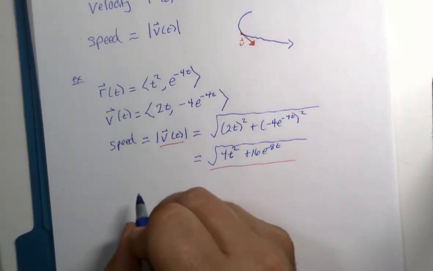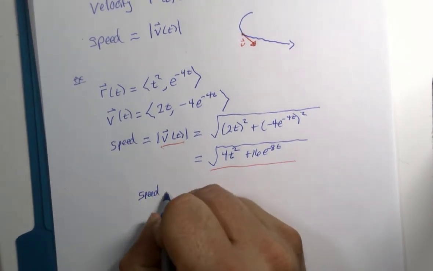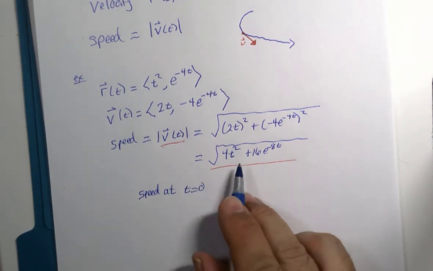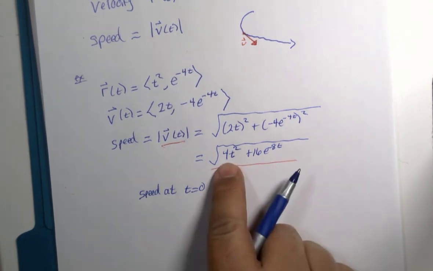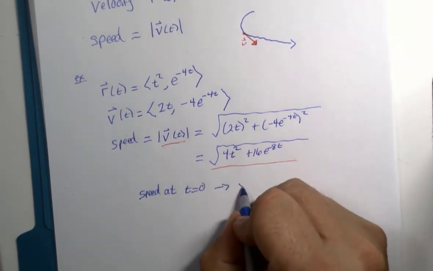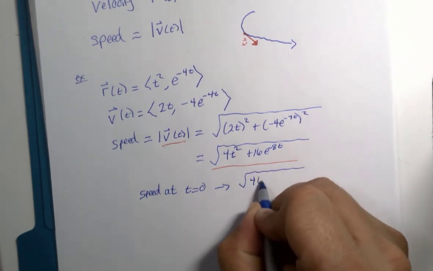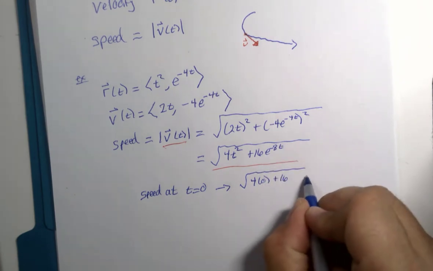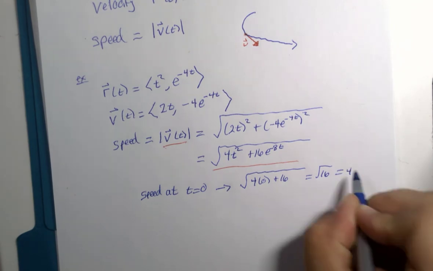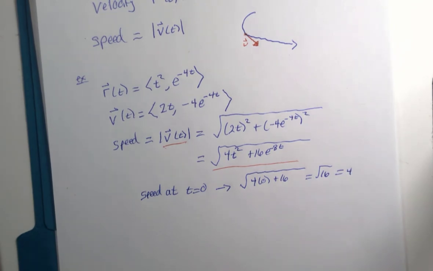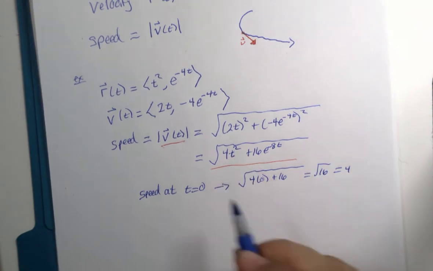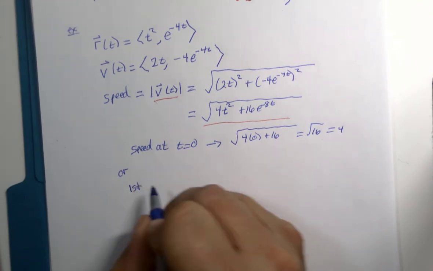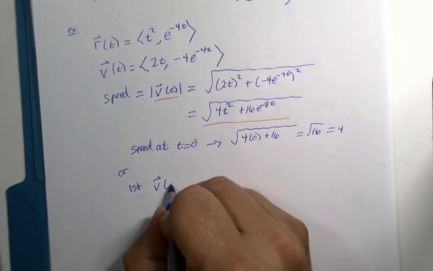If I want to calculate the speed at time t is 0, I could simply plug in 0 into this radical expression. 4 multiplied by 0, e to the 0 power is 1, so you get 16. That's going to be square root of 16. That's going to be 4. But if you wanted, you could at first calculate the velocity at time 0.